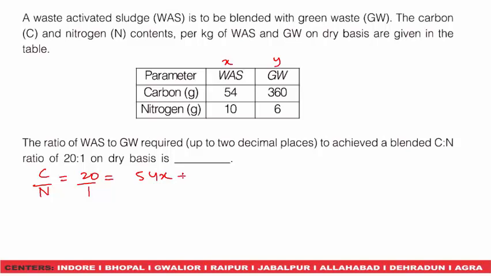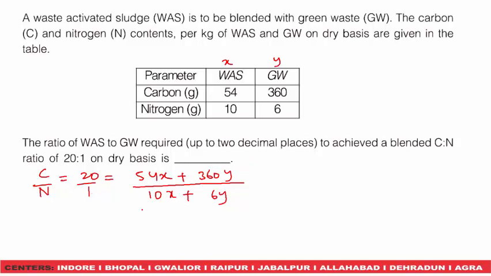Plus if it is Y kg, then carbon will be 360 into Y. And the amount of nitrogen divided by, if it is X, then it is 10x plus, and if it is Y, then it is 6y. Since we are dividing the values, the conversion automatically gets removed. So C/N equal to 20/1 equal to this value.